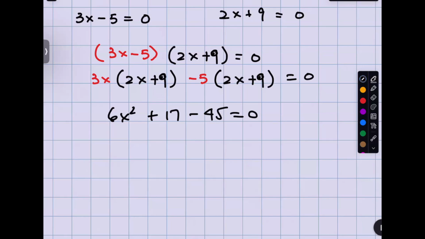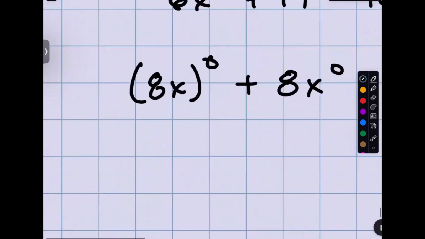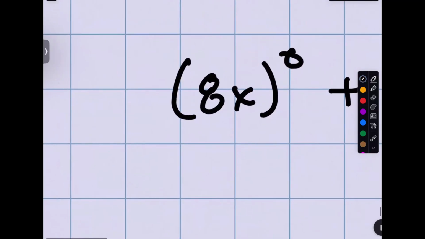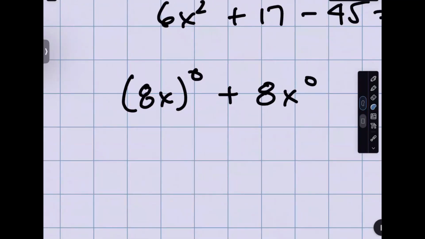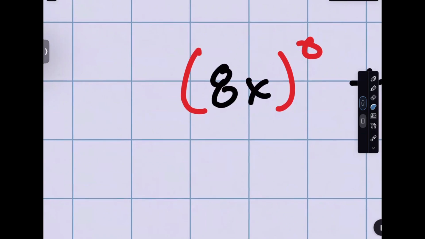That should be your answer there. Number 7. Okay? Let's just look at just this right here. What is the power of 0 attached to? Awesome. So if the parentheses is raised to the 0 power, what is the parentheses equal to?